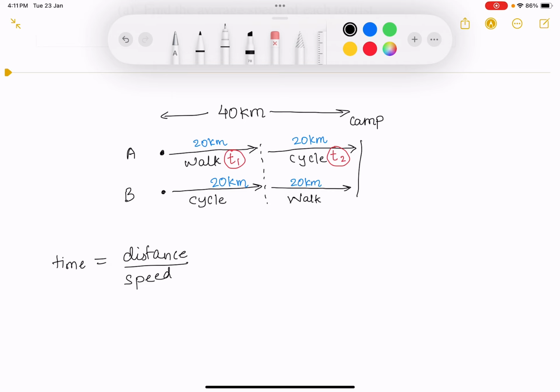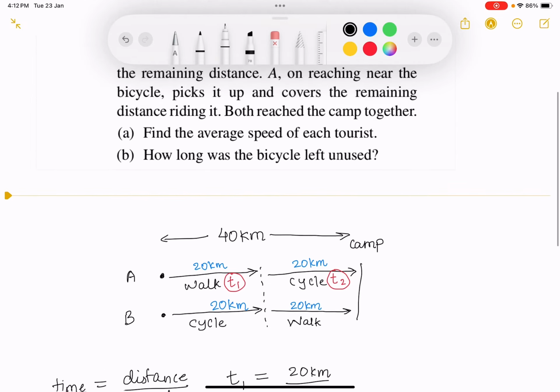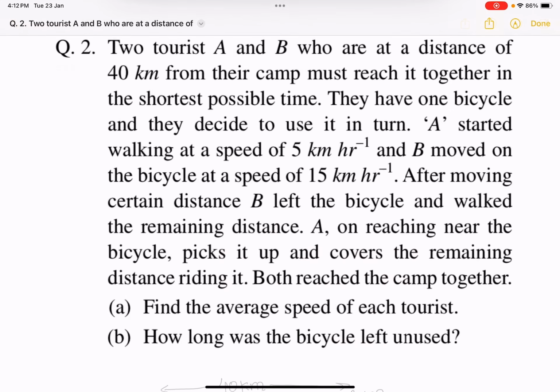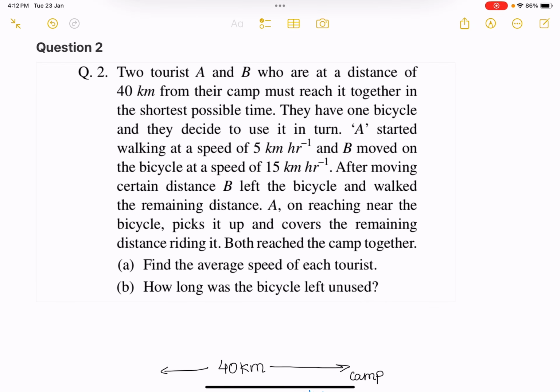While walking, the time taken is T1, the distance traveled is 20 kilometers, and the speed while walking is 5 kilometers per hour.